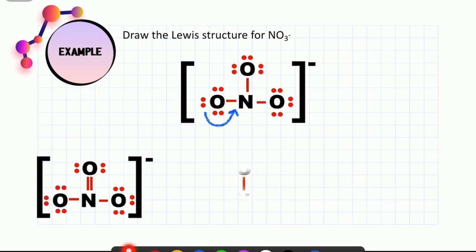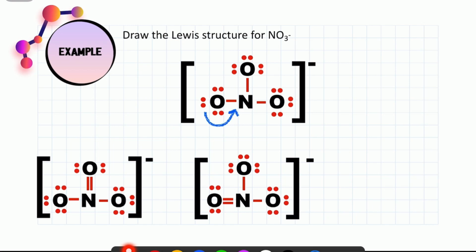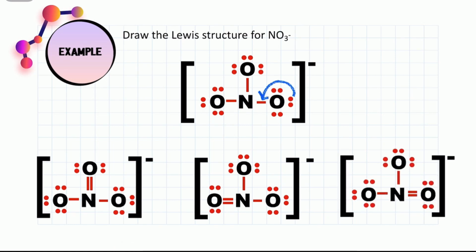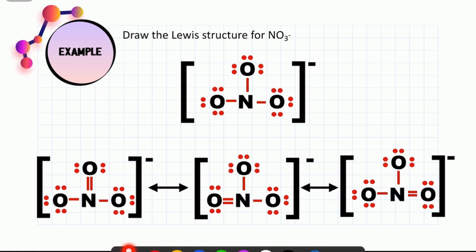The second oxygen will form the second Lewis structure, and the third oxygen will form this structure. So by using the resonance arrow, this is the relationship between these 3 structures. It is a resonance.